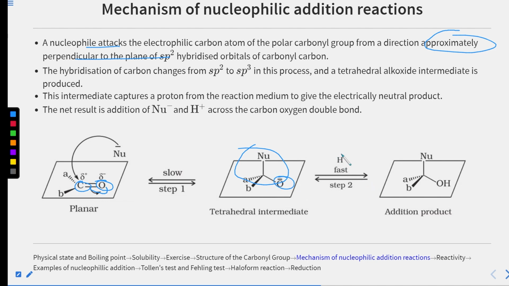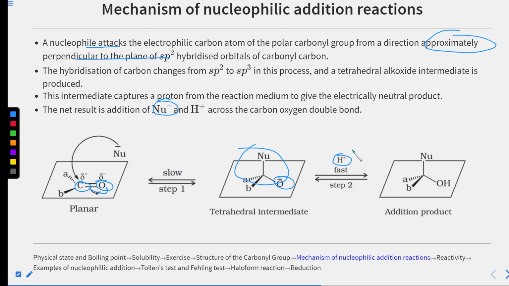Now it takes an H plus from the solution. So we do it in a solution that has a protic H plus, or you can say a protic solvent. So the nucleophile attacks on this carbonyl center, we get a negative charge on oxygen, and this oxygen takes the H plus to satisfy its octet. Clear? So this was about the mechanism of the nucleophilic addition reaction.